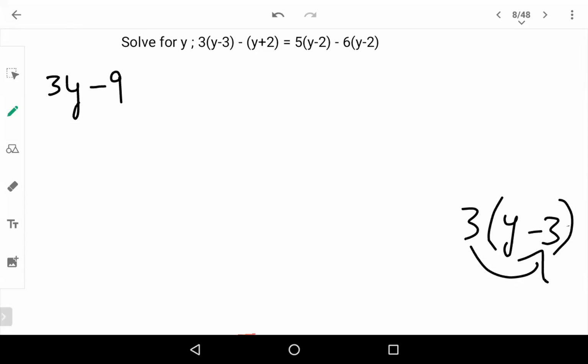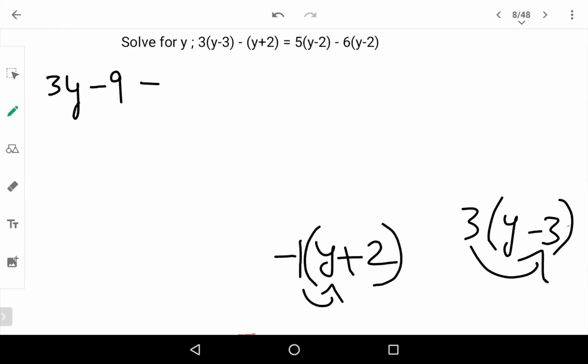Now next we have minus y plus 2. You have to take this sign also. Do not forget that. You'll have to take that sign also, which is given in between. Now, since there is no number, we assume it to be minus 1. So minus 1 into y will give me minus y, or minus 1y.